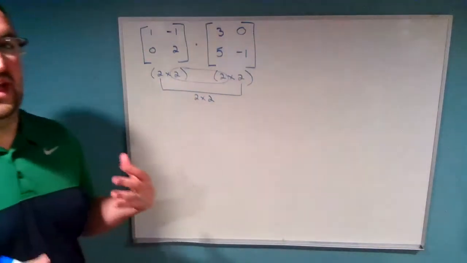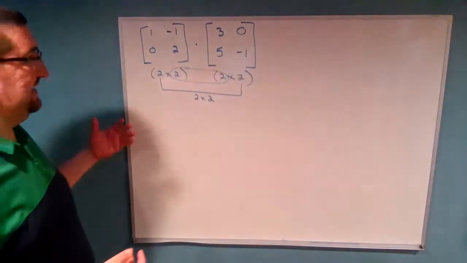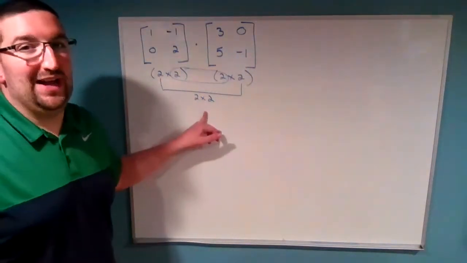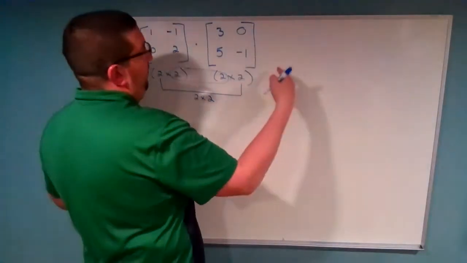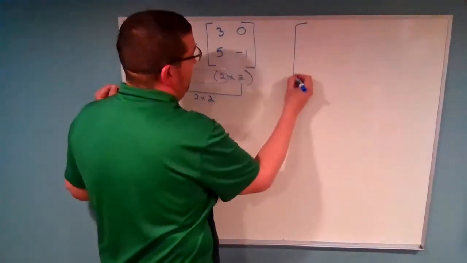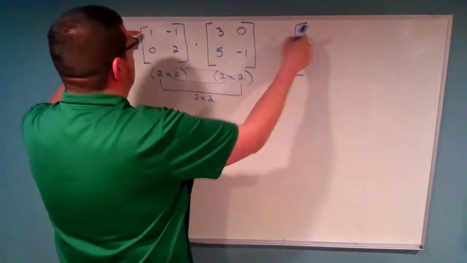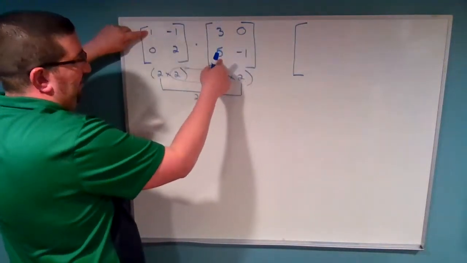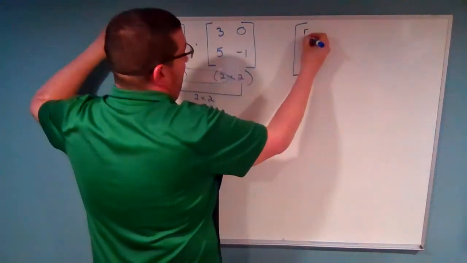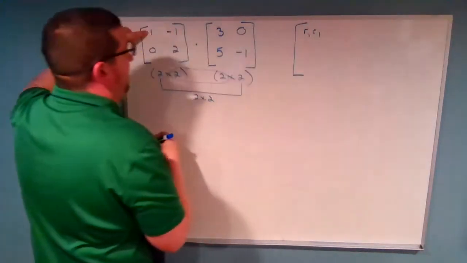All right, now let's go through the process of creating a 2 by 2 matrix. When we do this, we are looking at the first entry being from row 1 times column 1. So this is going to be row 1, column 1.